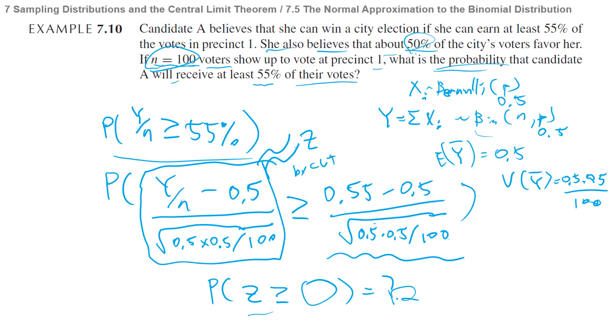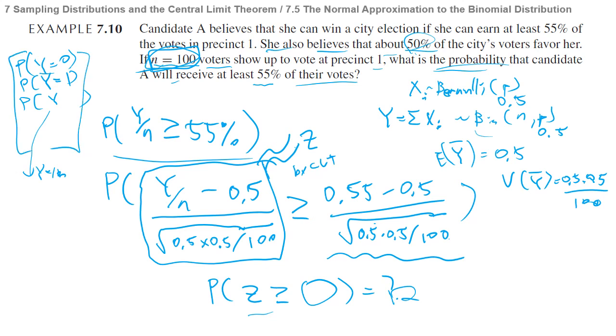If you want to use the binomial distribution, among these 100 voters you have to calculate the probabilities for y equals 0 to y equals 100, so you should derive the distribution for y, and you sum up these probabilities.